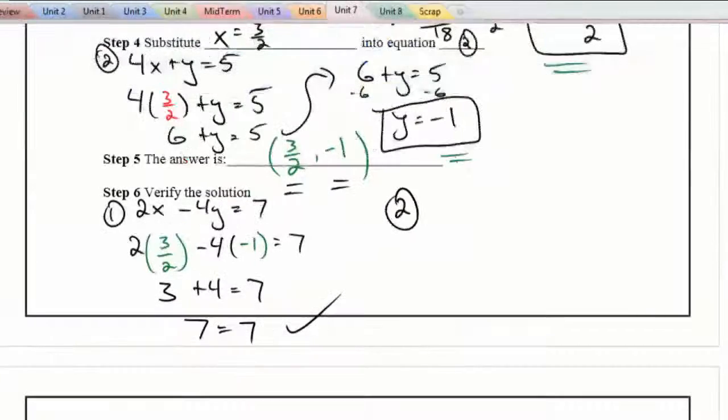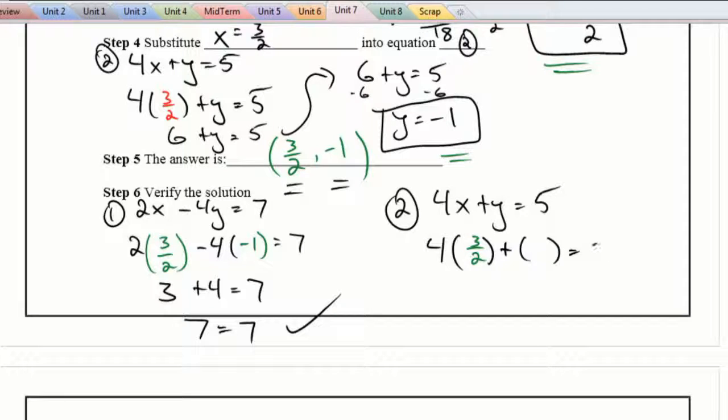The second equation was 4x plus y is 5. Same process. I'm going to plug in x was 3 over 2, and y was negative 1.